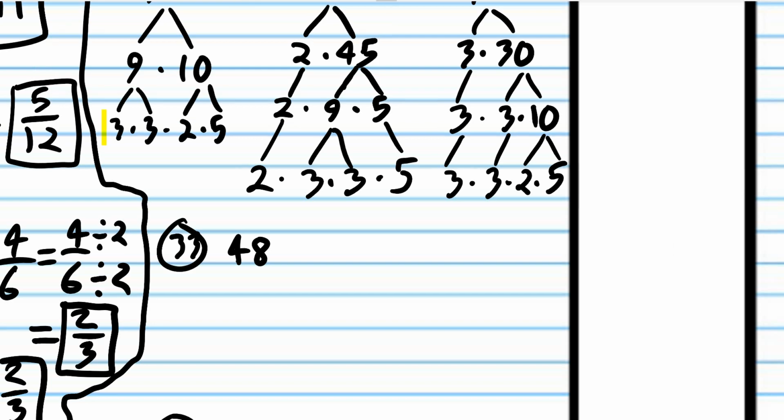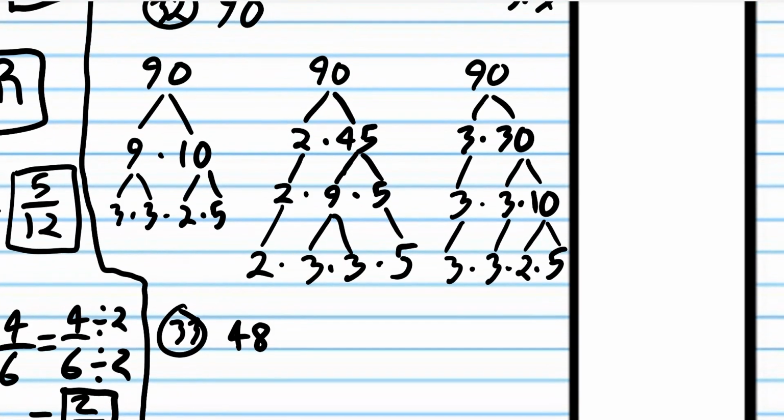So in every case, we have 3 times 3 times 2 times 5. We had 2 times 3 times 3 times 5. It's all the same thing. We have 2 3s, 1 2, and 1 5. All right. Let me just move this up a little bit.